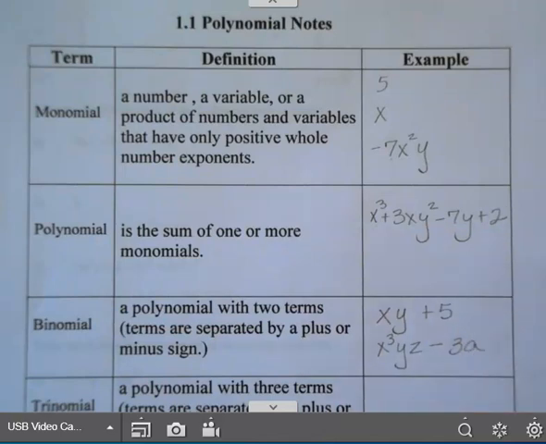Those are both examples of binomials. It doesn't matter how many letters you have. This is a monomial because they're all multiplied together. I know I started a new term because I have a minus sign, so 3a is my second term. So a binomial has 2 terms.